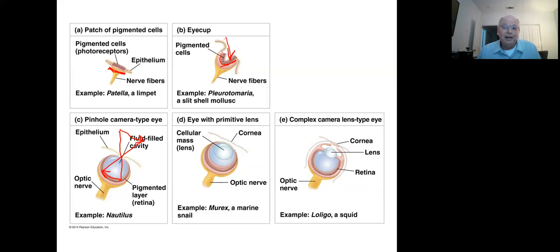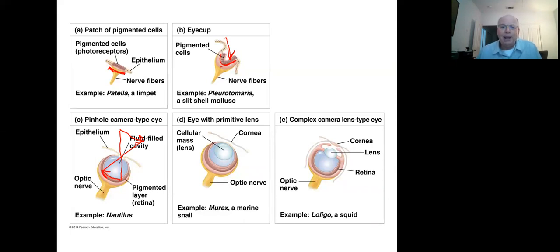It's a really good way to actually look at a solar eclipse without wearing the welder's glasses or damaging your eyes by looking at the sun. You can look at the image of the solar eclipse on the back of the box. It's a really useful tool. And so the nautilus has these pinhole type eyes that allow them to see images and chase their prey.